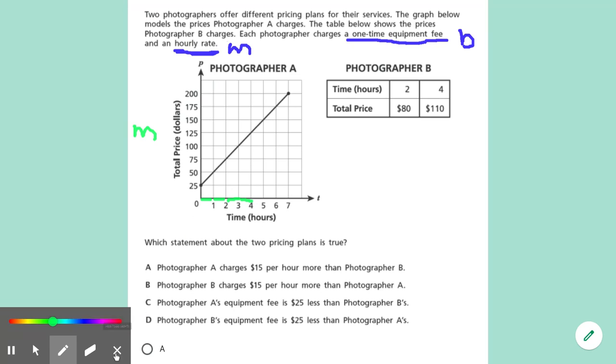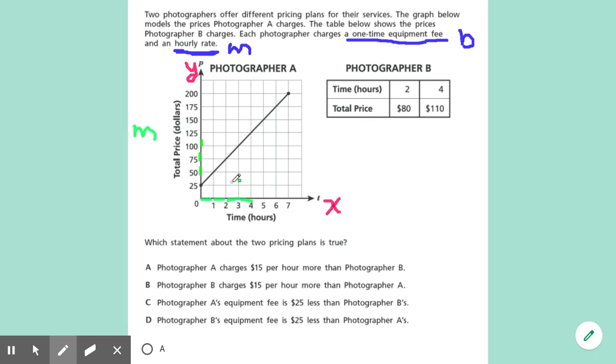But even before that, let's talk about this real quick. I know it says t here, but t, which is time, is represented by x. And the p represents the price or the cost. That is going to be your y, right? So your x is increasing by 1, meanwhile your y is increasing by 25.